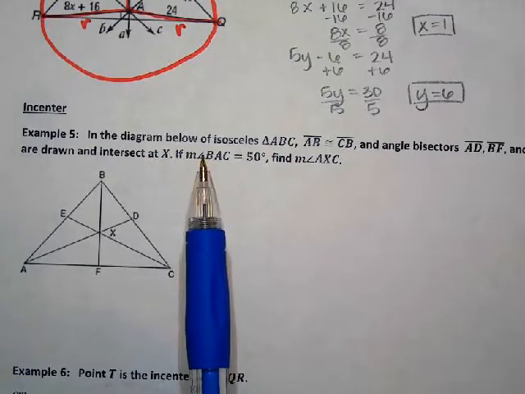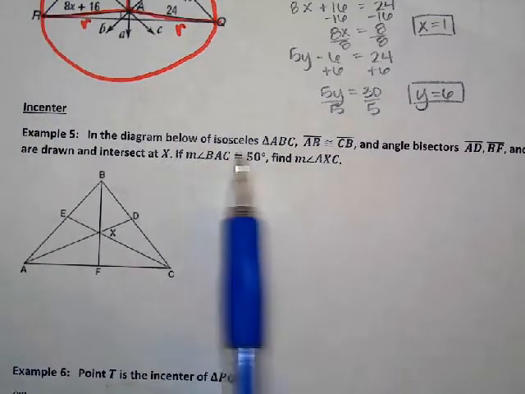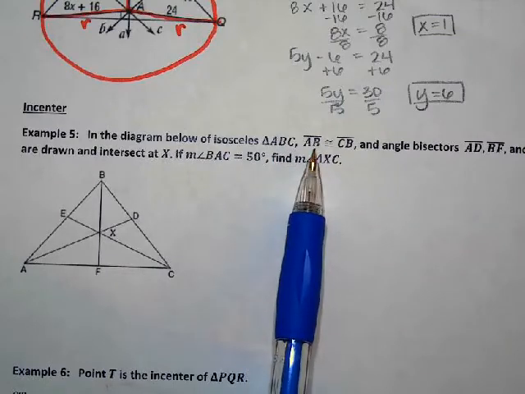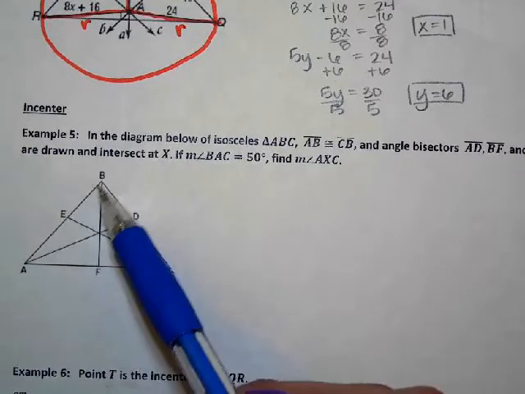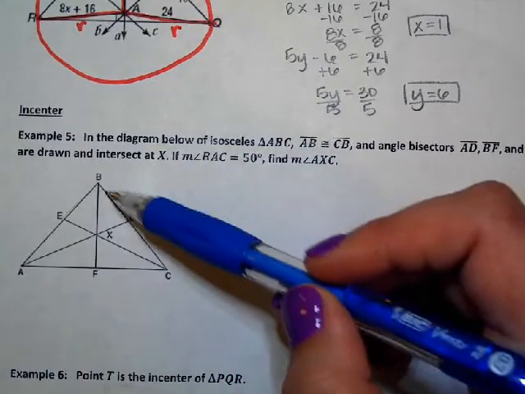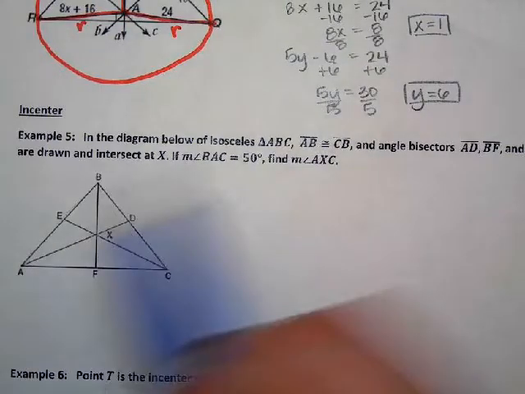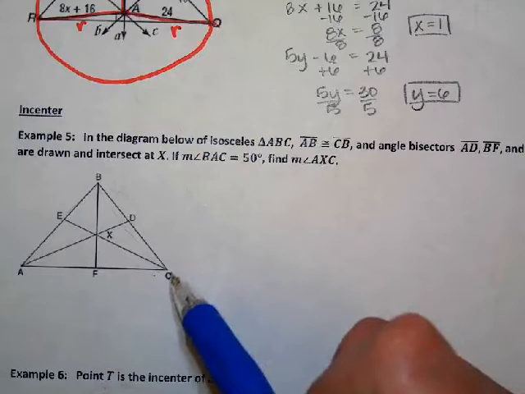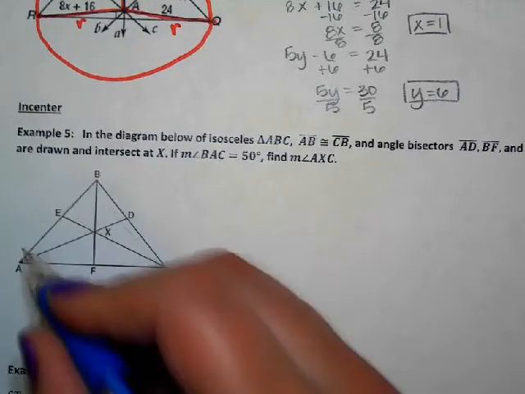They say that AB is congruent to CB, so we know that this length and this length have to be the same. If AB and BC are the same, then what are the angles that are the same? The whole corner, all of A and all of C, those two corners have to be the same.